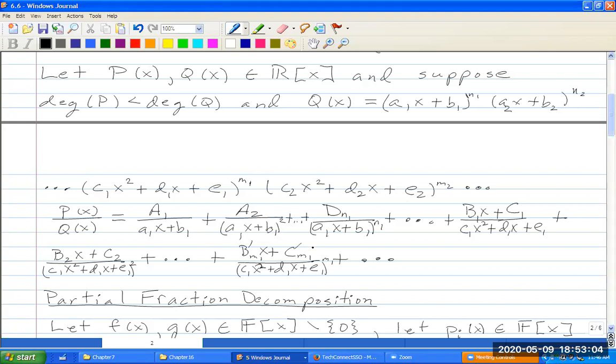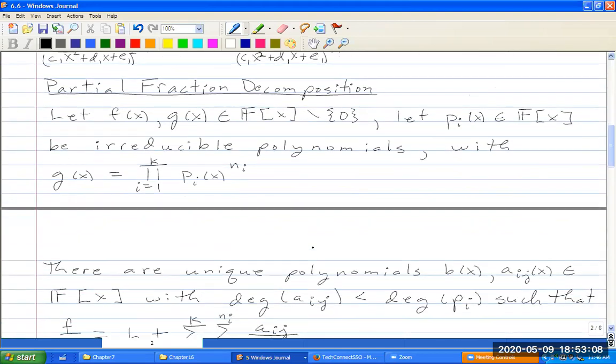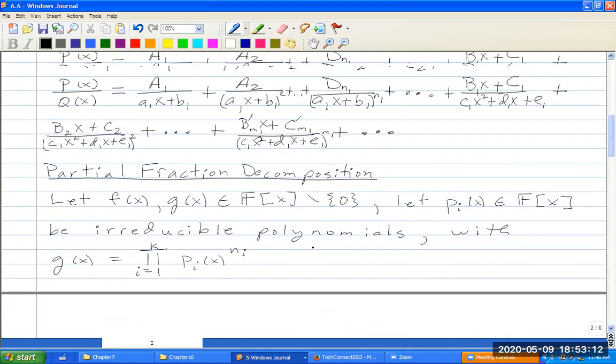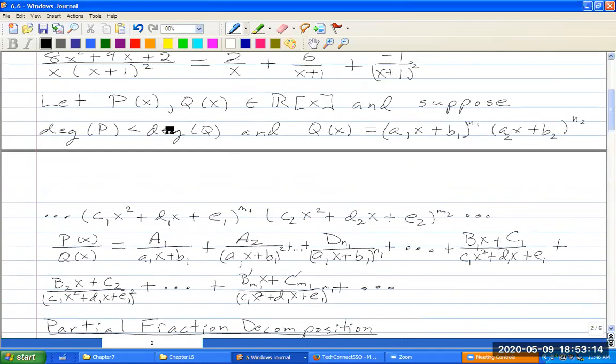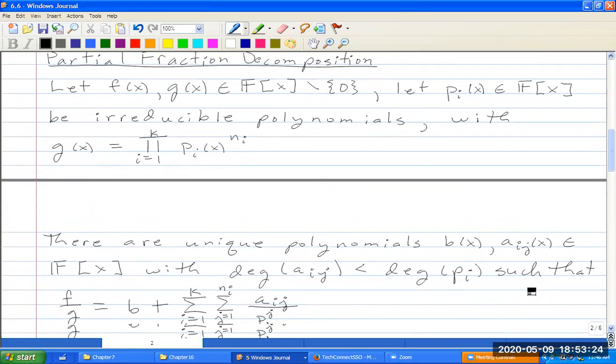So a partial fraction decomposition. Notice that if the degree of P is greater than the degree of Q, I would just add an additional polynomial here. That would be the only difference.